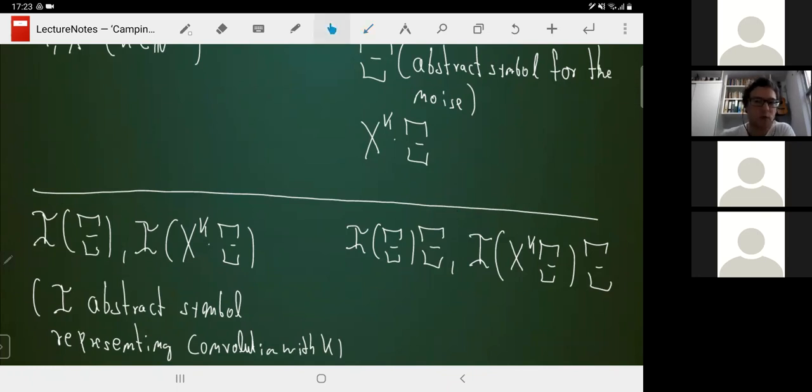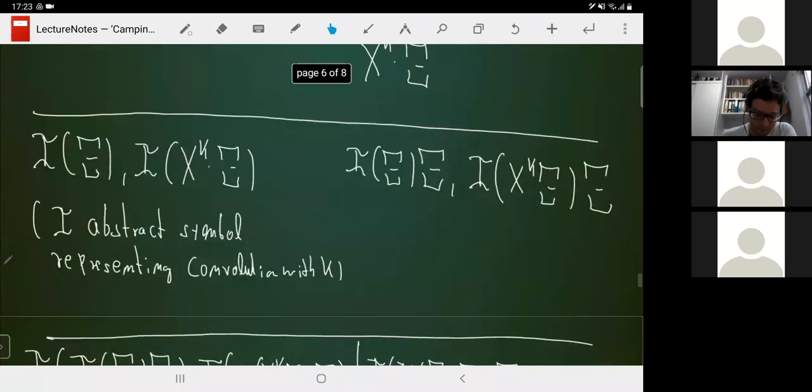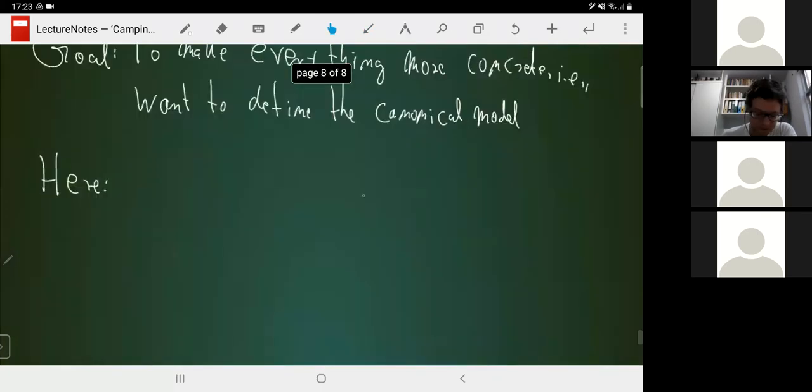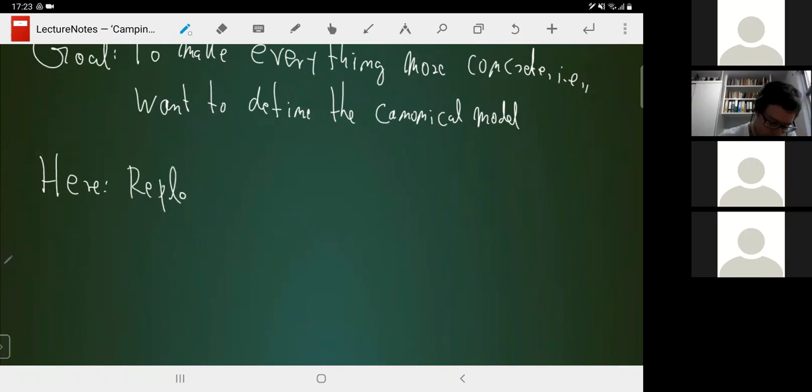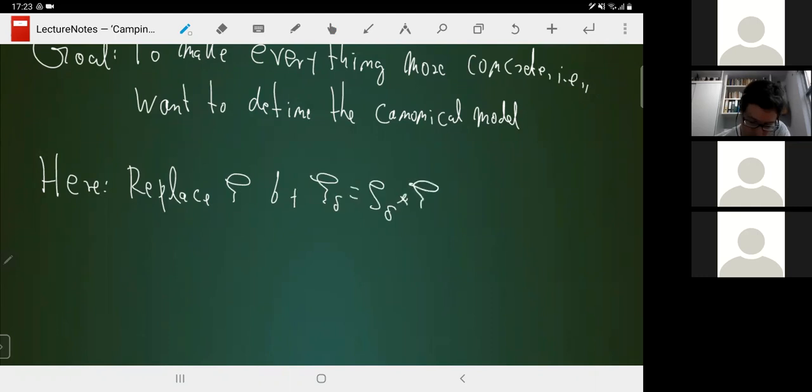So let's work with a smooth version of our noise for now. So here, what we do is we replace psi by psi delta, which is really some mollifier rho delta convolved with psi. So rho is a smooth mollifier.